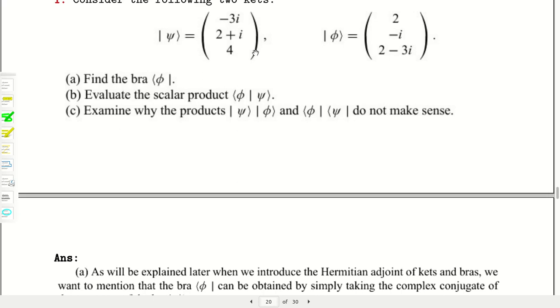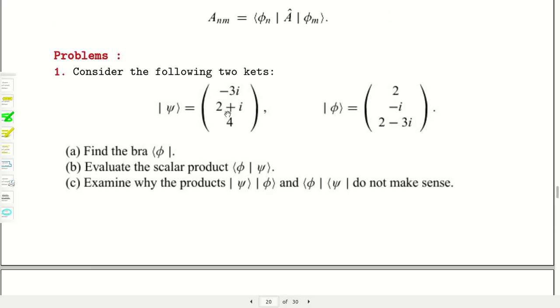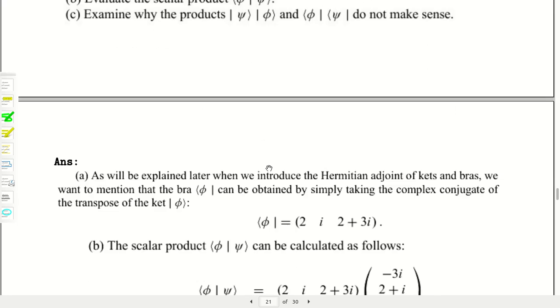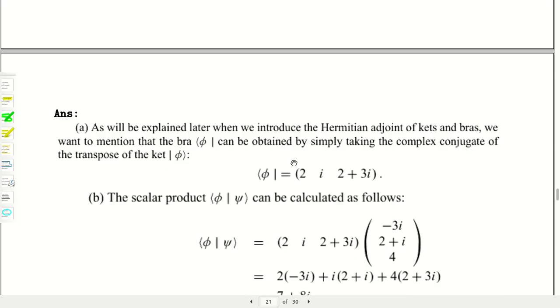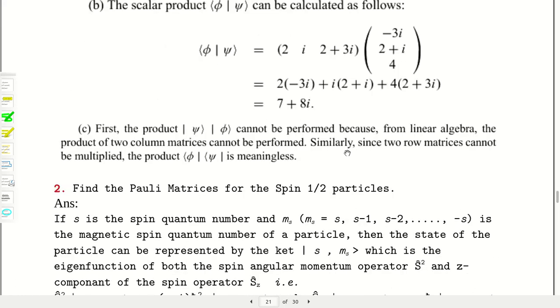In the purview of matrix multiplication, one can see that two column matrices cannot be multiplied together, or two row matrices are not compatible for matrix multiplication. So this will surely not make any sense, and this is written over here.